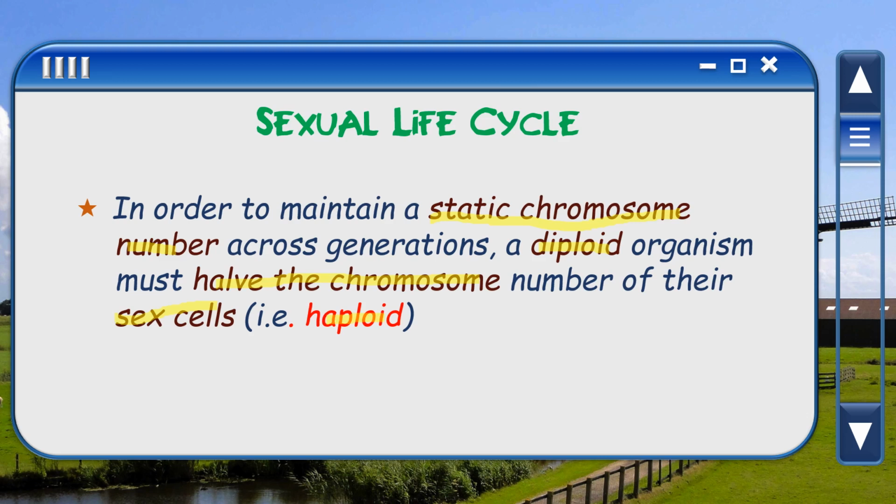So if we are to maintain the same chromosome number from generation to generation, a parent, maternal or paternal, has first of all to have half the chromosome number of their sex cell to make them haploid. And that is what we call the formation of gametes.